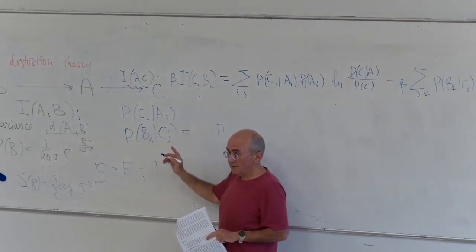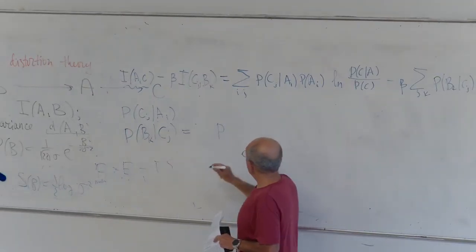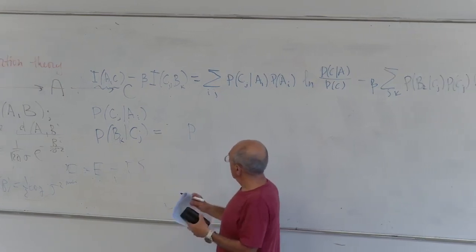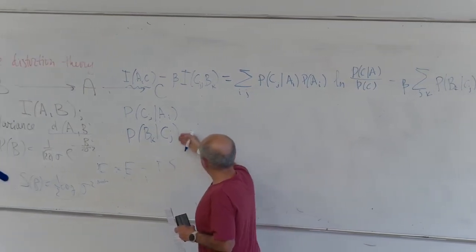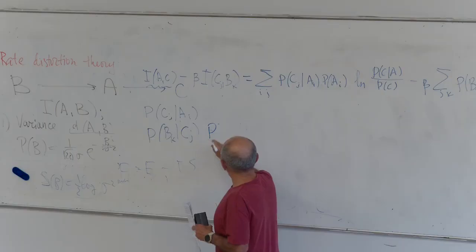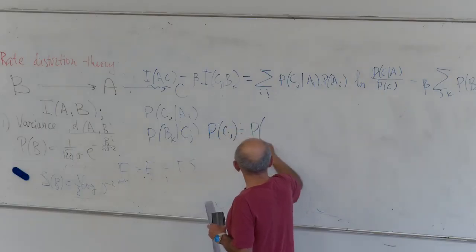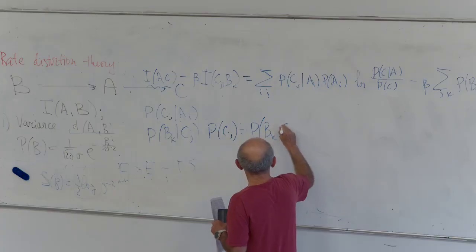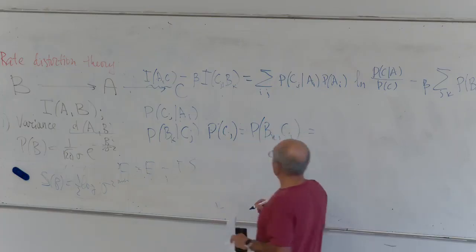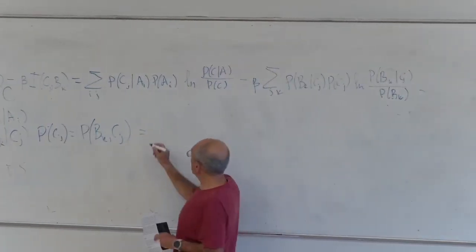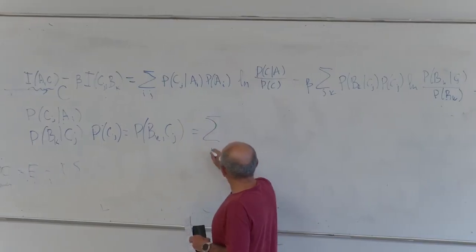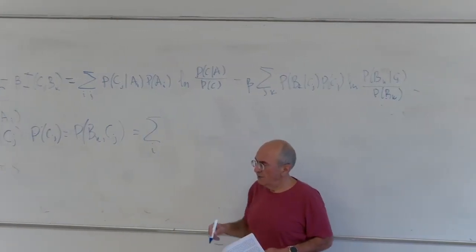over i, right? Because if I multiply by P(C_j), this is the joint probability of B_k and C_j. But I can write it, of course, by summing over i, namely over all.